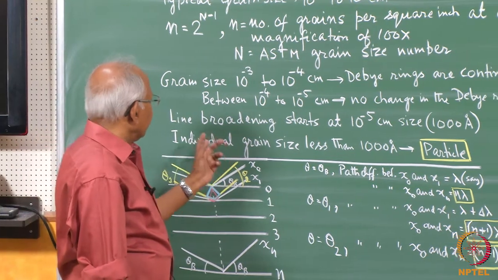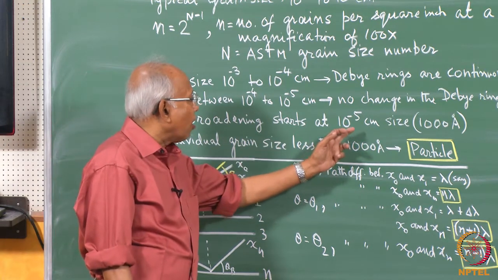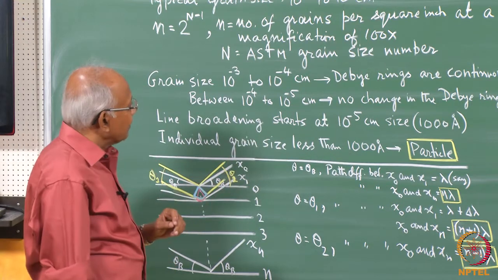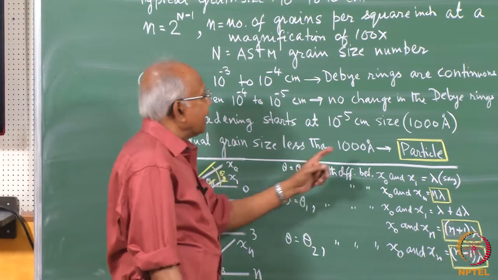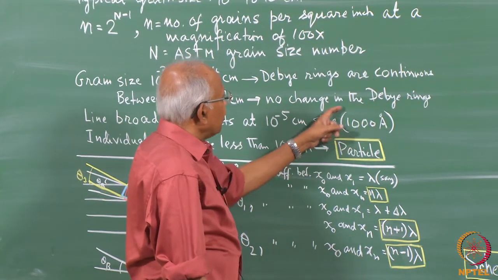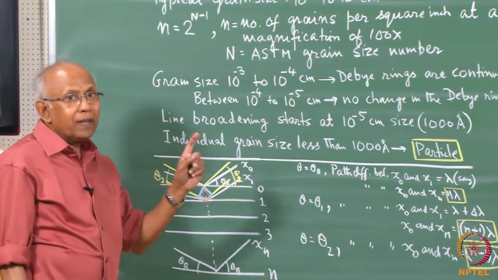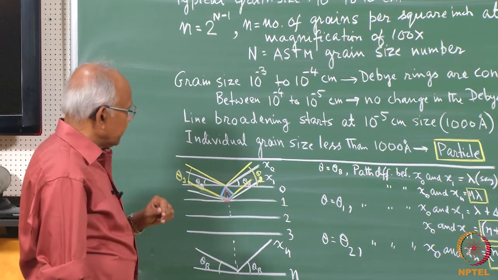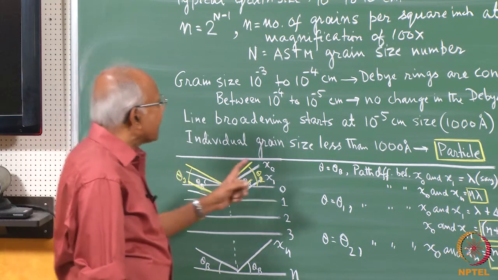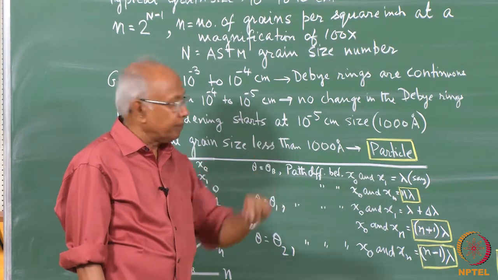The moment the grain size becomes 10 to the minus 5 or less, there is a broadening of the Debye lines which is observed. So, this is a cutoff value: when the grain size is 1000 angstrom or less, the lines show a broadening behavior, and individual grains of size less than 1000 angstrom we call particles.